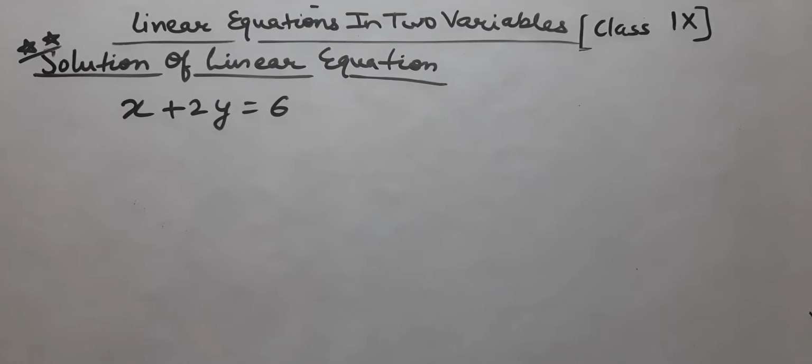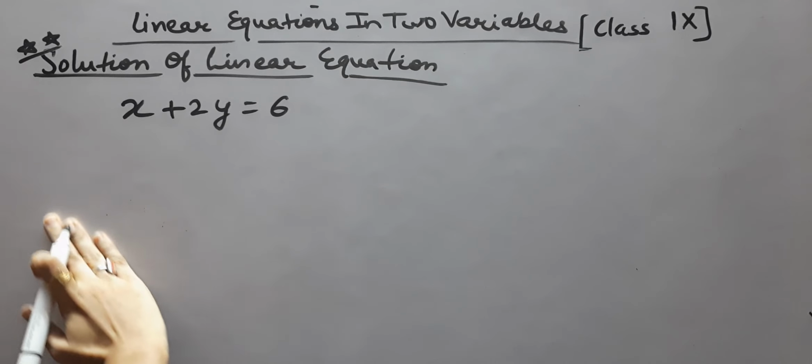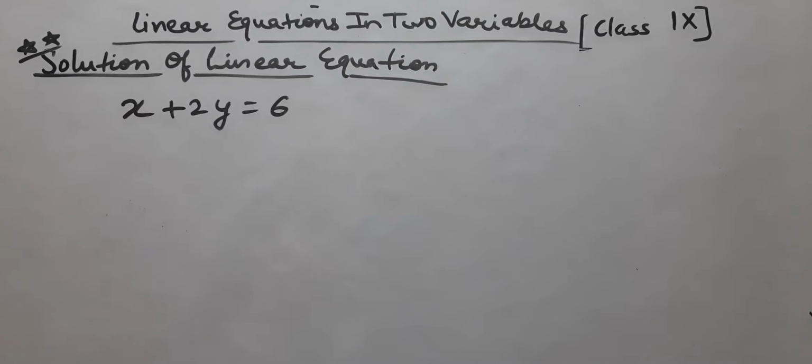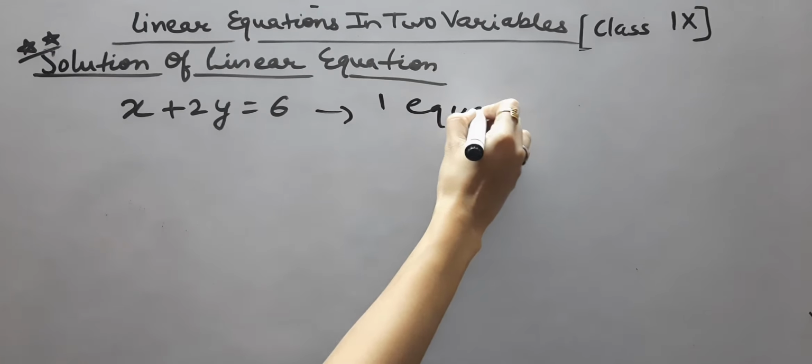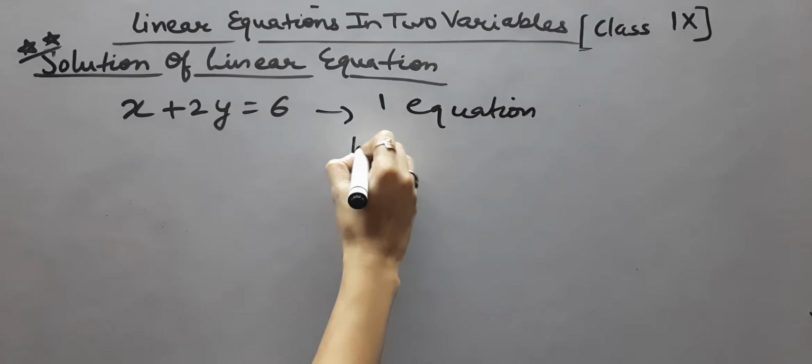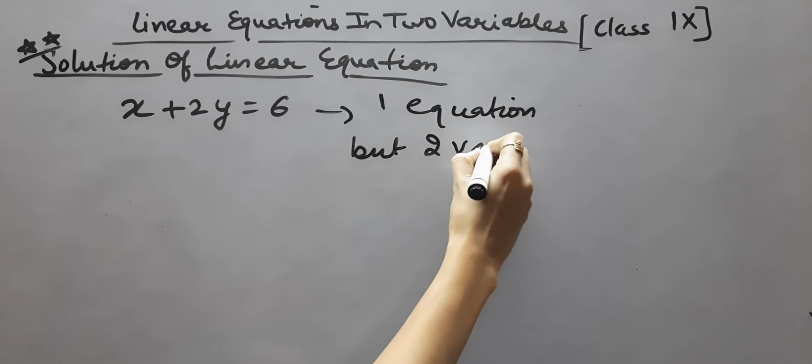So now I am not having this. The two equations you are going to study in class 10th only. So till now we are restricted to this thing only, that is one equation but two variables.